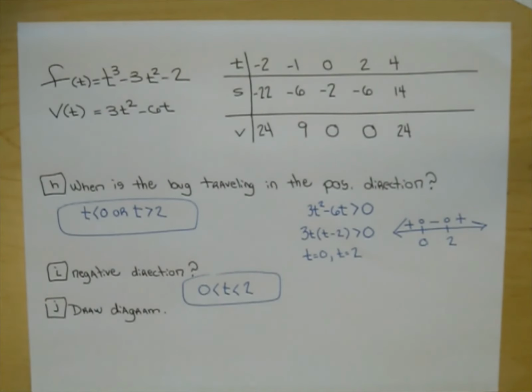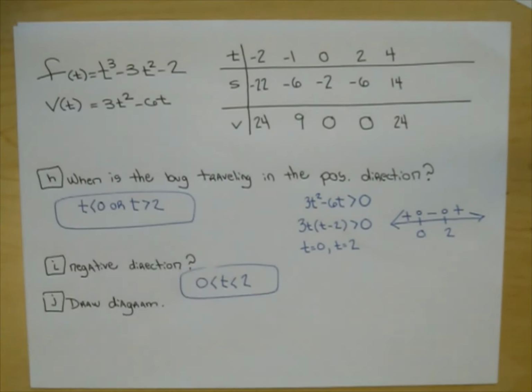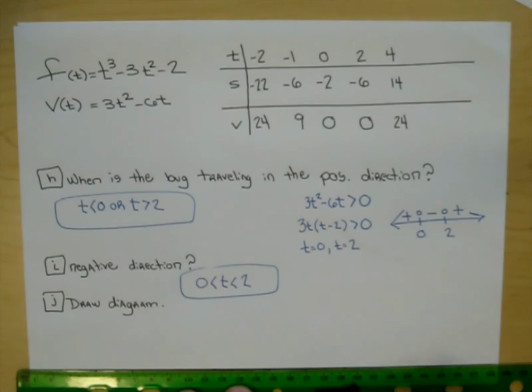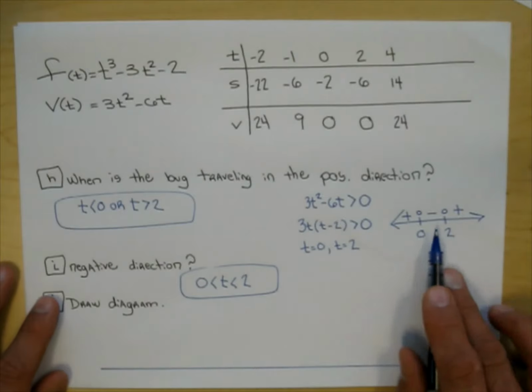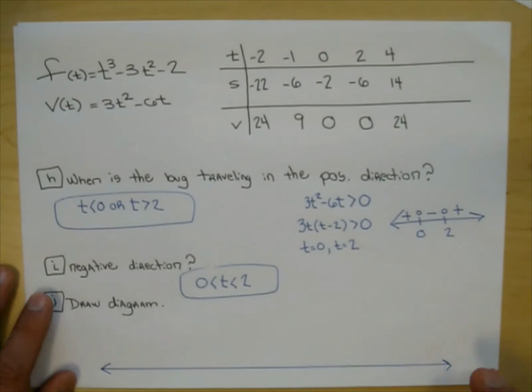So what are they asking us to do? They're asking us to draw a diagram for part J. So let's go ahead and draw a diagram. This is the good old bug diagram. Here's the number line. It's not that number line, that was a time number line. Here is the official bug diagram.